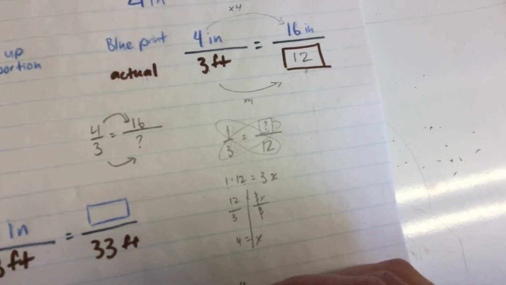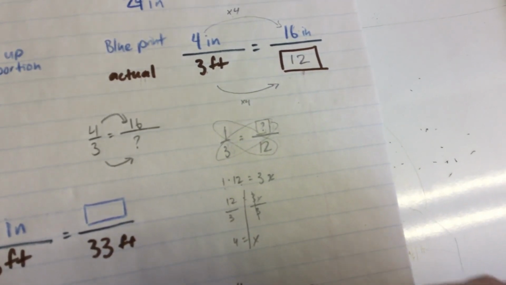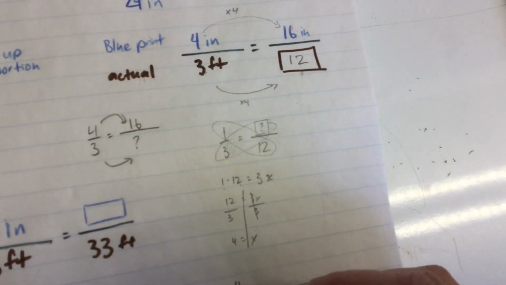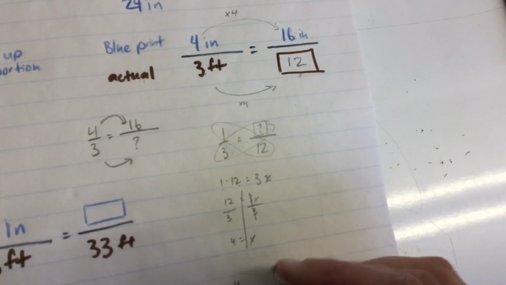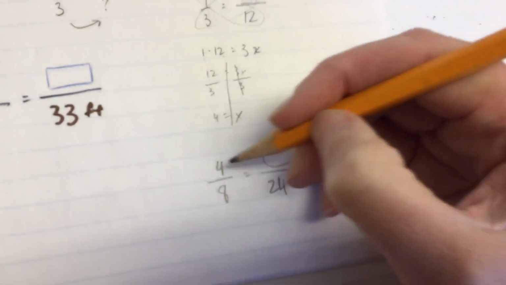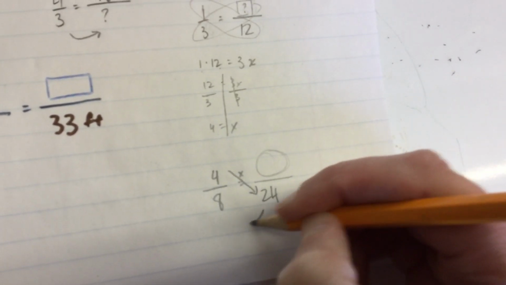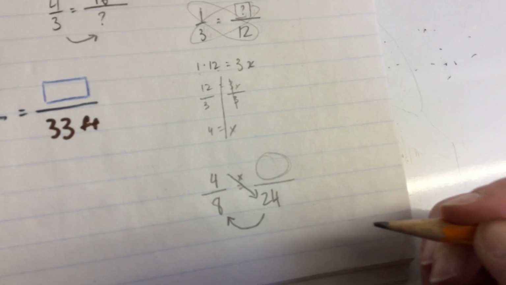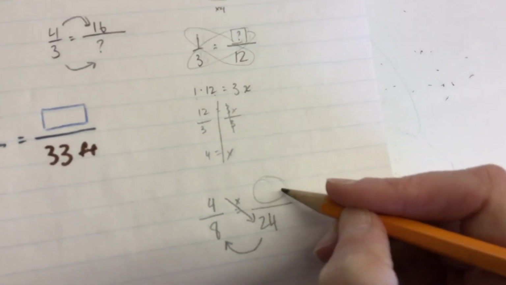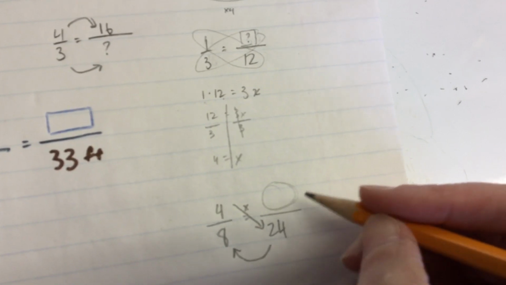This pattern works every time, so the shortcut is that if I have some unknown here, in order to solve these, you can always multiply across and then divide by the leftover number in your calculator, and you will get the correct answer.